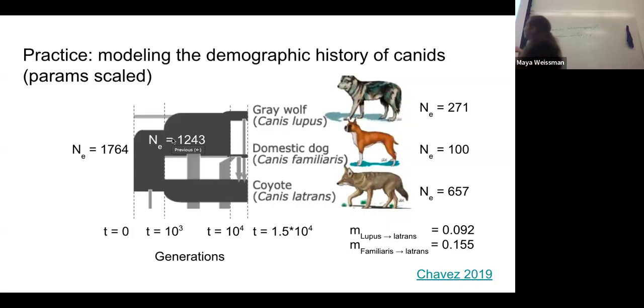Amongst domestic dogs, well, when we talk about introgression rates, this is really getting into it. If you have a mommy Canis familiaris and a daddy coyote, you end up with a hybrid.